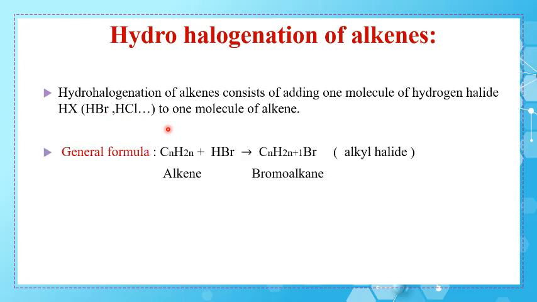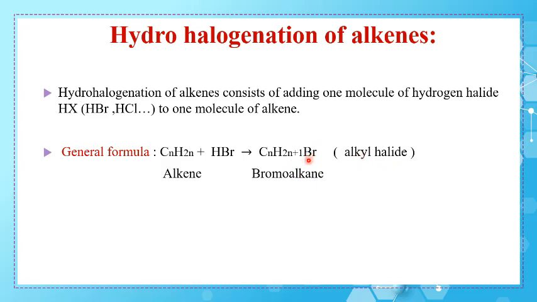If we take the general formula, for example, CnH2n plus HBr, I want to add HBr on the alkene. So I want to add H first on the hydrogen atoms of the alkene, and it becomes CnH2n plus 1 Br.